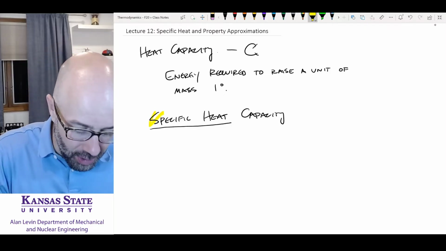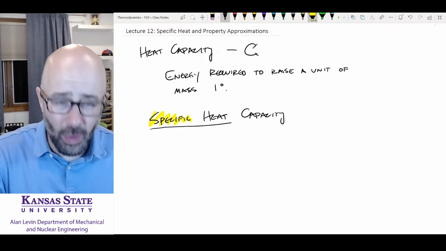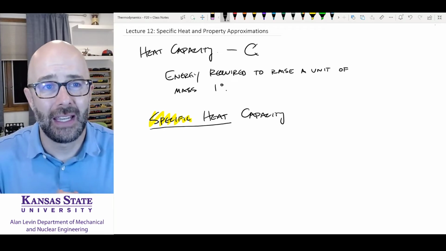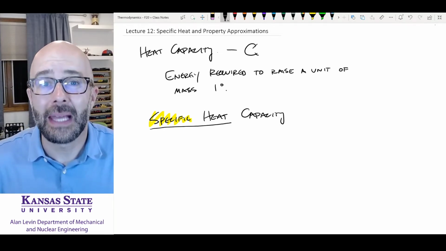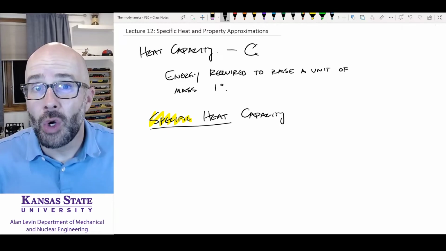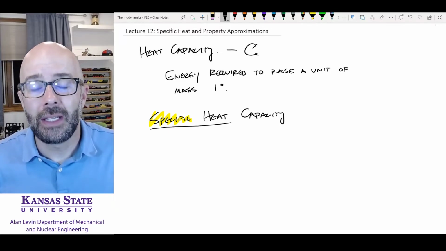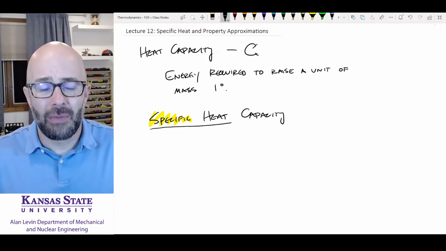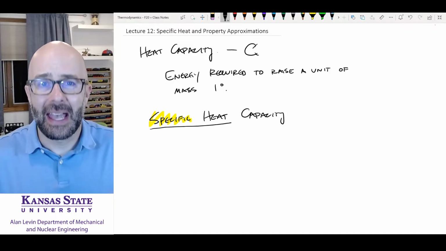Now notice there's this word specific. Whenever you've had specific in this class before, what has that meant? Specific volume, specific internal energy. It's the same idea: we're going to be dividing the heat capacity by the mass.